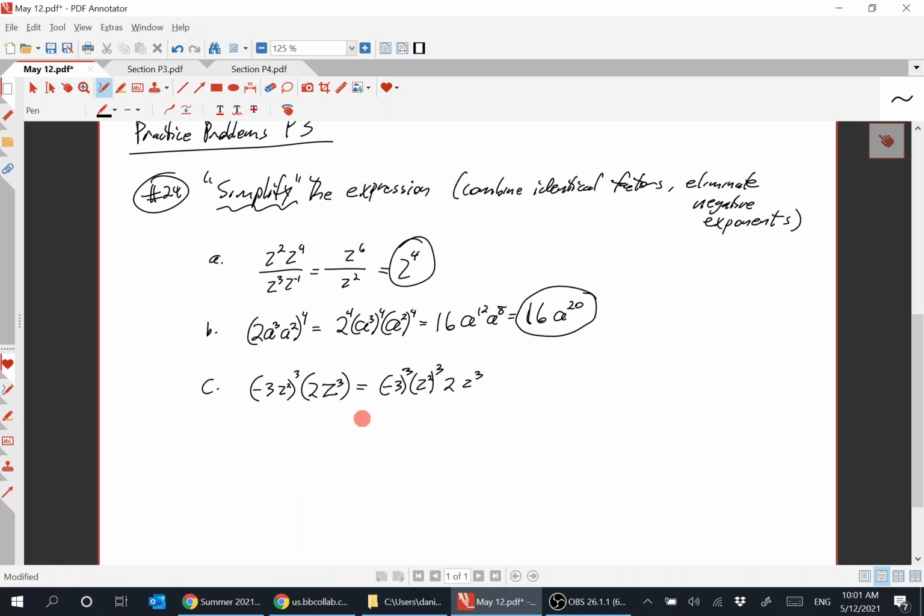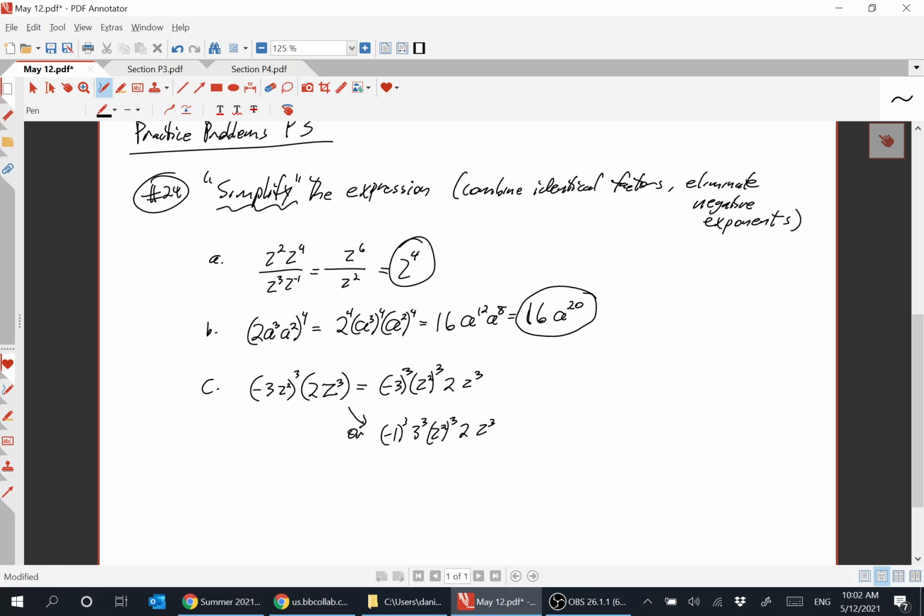Or you could think of it this way. Minus 1 to the third, 3 to the third, z squared to the third, 2z to the third. All right, so you can distribute the exponentiation over that multiplication in a couple different ways there.